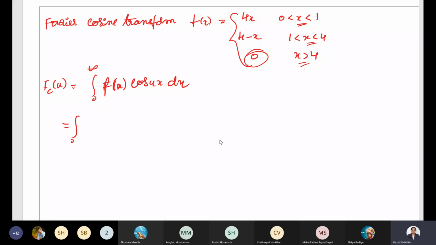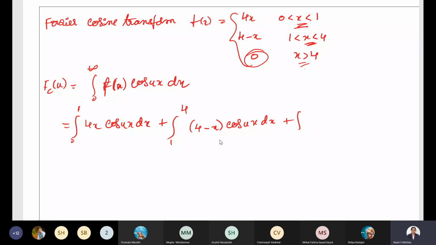0 to infinity, let's split it as 0 to 1. When x lies between 0 to 1, f of x is 4x. So we get 4x into cos ux dx, plus next one, x lies between 1 to 4, f of x is 4 minus x, cos ux dx.